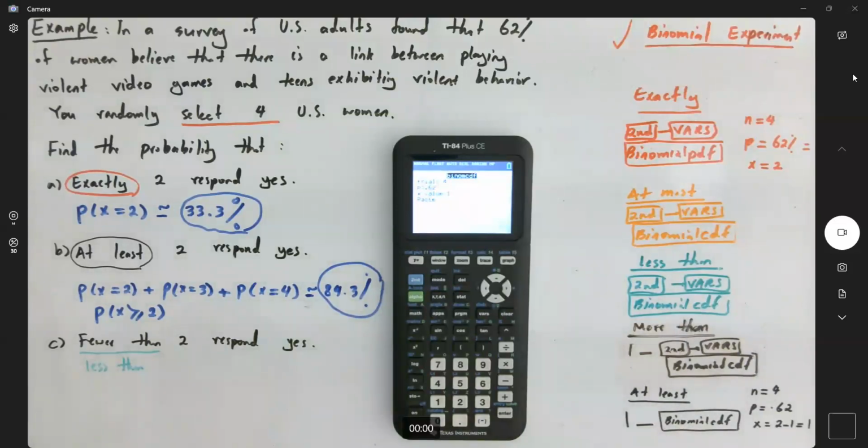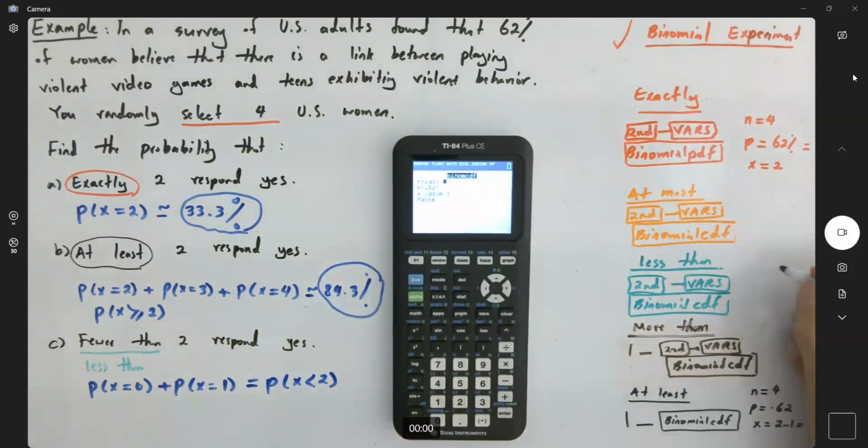It means that we are finding the probability that either no one responds yes or 1 person responds yes. This is the probability that x is less than 2, fewer than 2. 2 is not included.